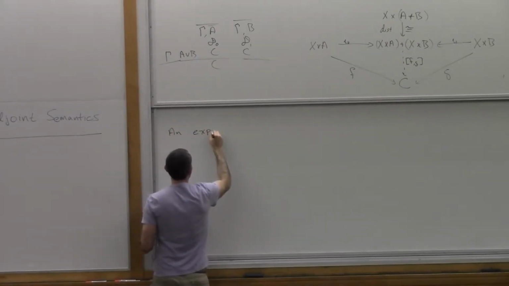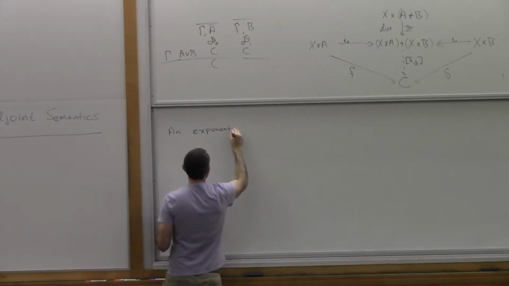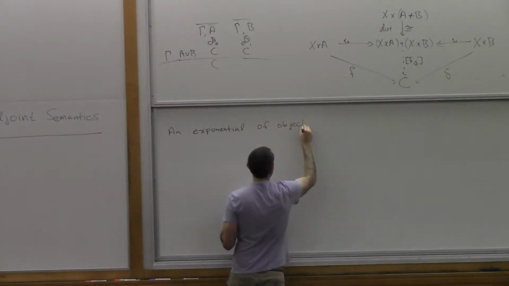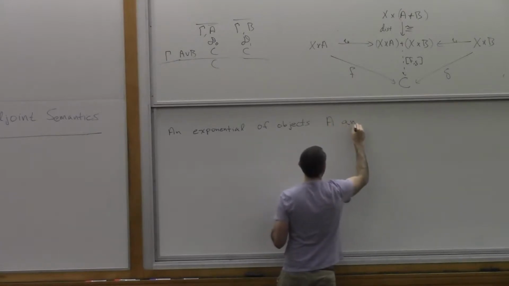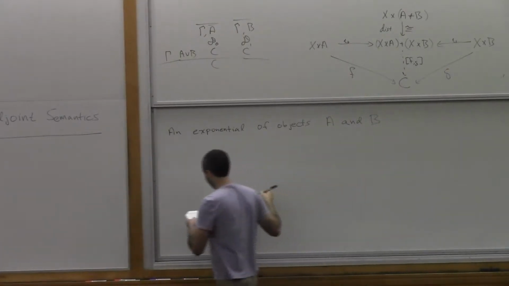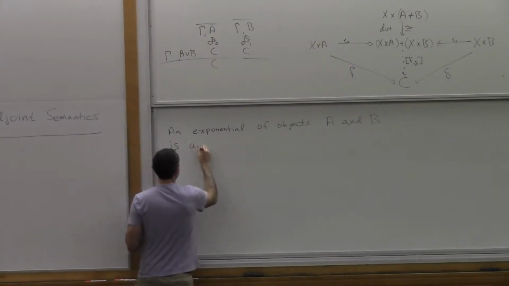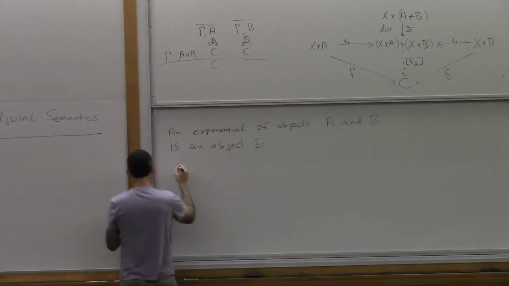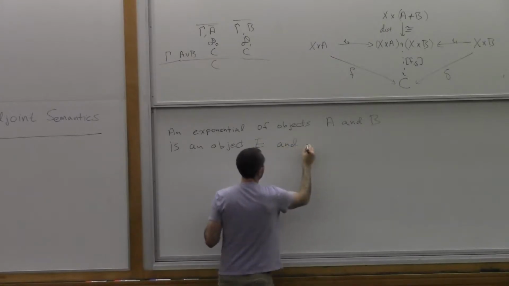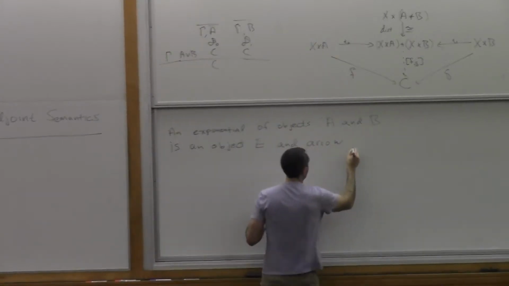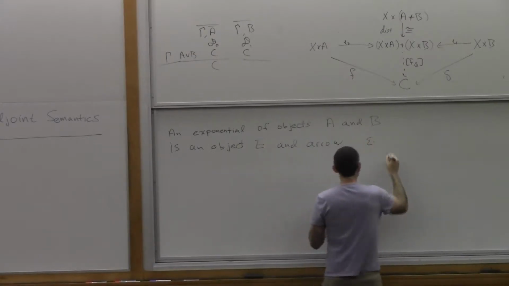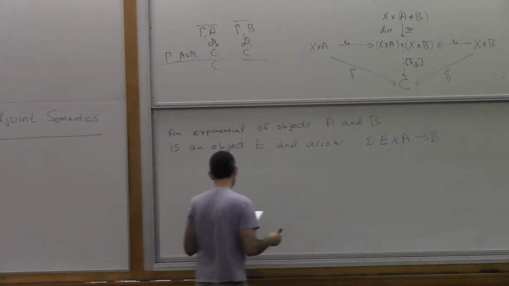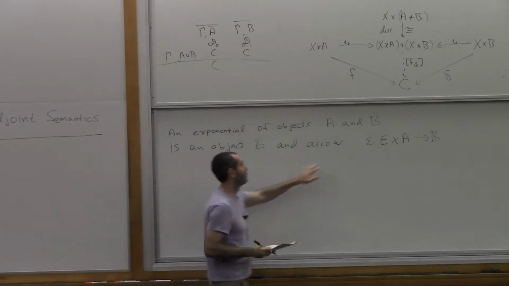So an exponential of objects A and B is an object I'll call E, and an arrow, which I'll call epsilon, going from E cross A to B. Okay, so that's the shape of this universal construction.